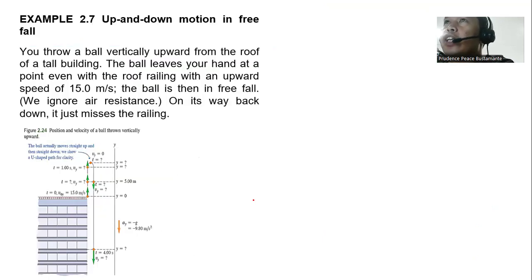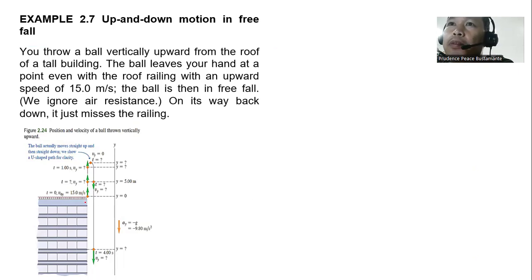For example, you throw a ball vertically upward from the roof of a tall building. The ball leaves your hand at a point even with the roof railing with an upward speed of 15 meters per second. The ball is then in free fall, so ignore the air resistance. On its way back down, it misses the railing.